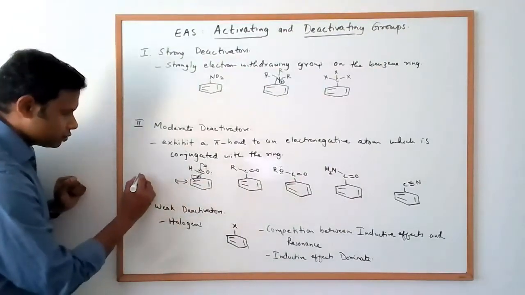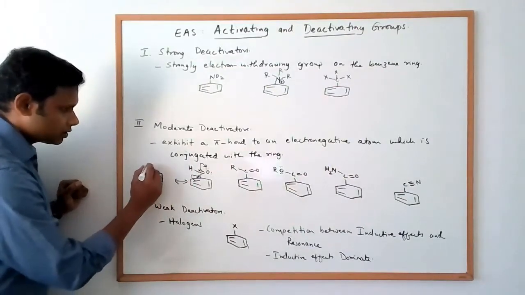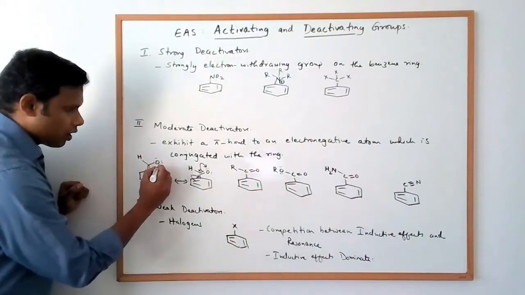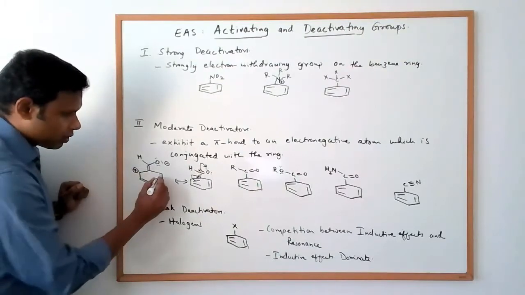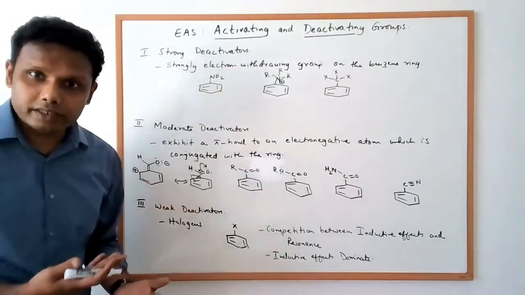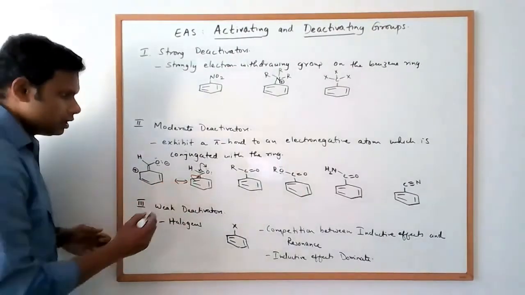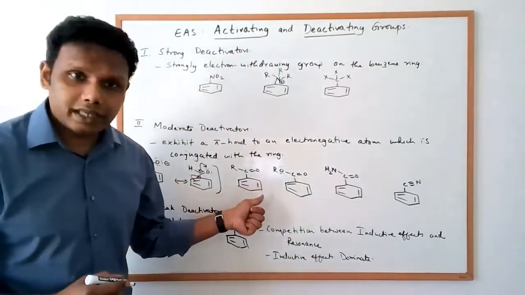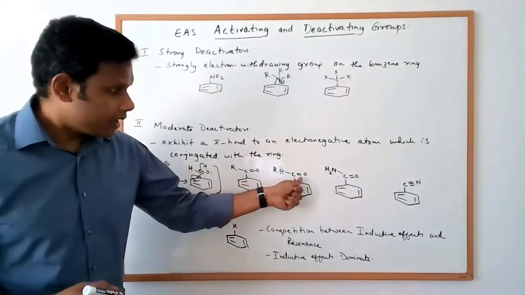So we are able to do resonance with the aromatic ring, so that the resonance form that we get to is going to have a hydrogen here, oxygen with a negative charge, positive charge here, double bond and double bond. That would be a resonance form. So since we're able to do resonance here, that means this pi bond in the substituent is conjugated with the ring. Other examples of such functional groups are ketones, esters.